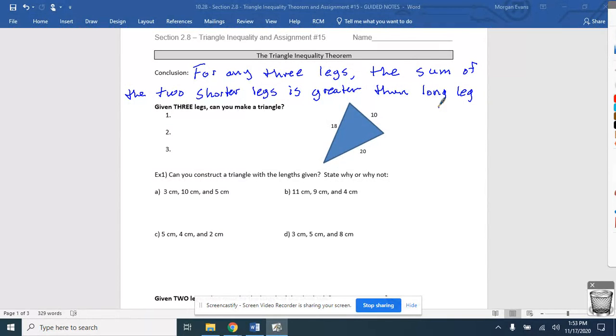So let's say, given these three legs of the triangle, first thing we need to do is identify the two short legs. Our two short legs are going to be the 18 and the 10. The second thing we're going to do is add them together. 10 plus 18 is 28.